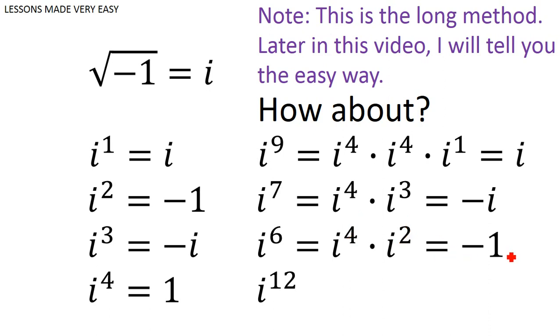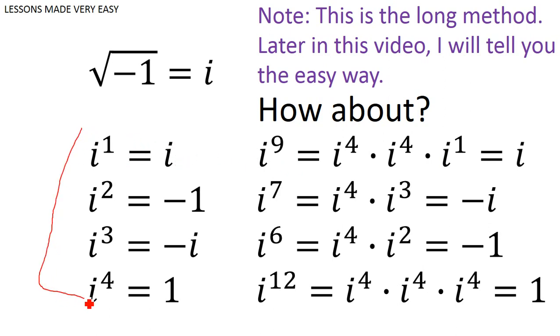And then i to the 12 is 4, 4, and 4, so that's why 1, 1, and 1; 1 times 1 times 1 is equal to 1. But there's a problem with this, because you need to memorize all of this.